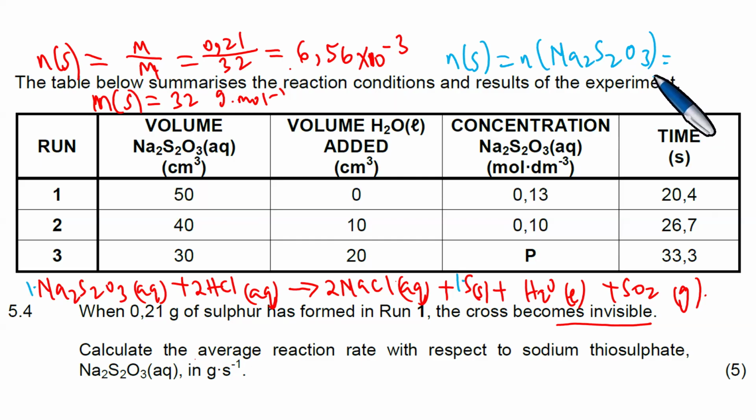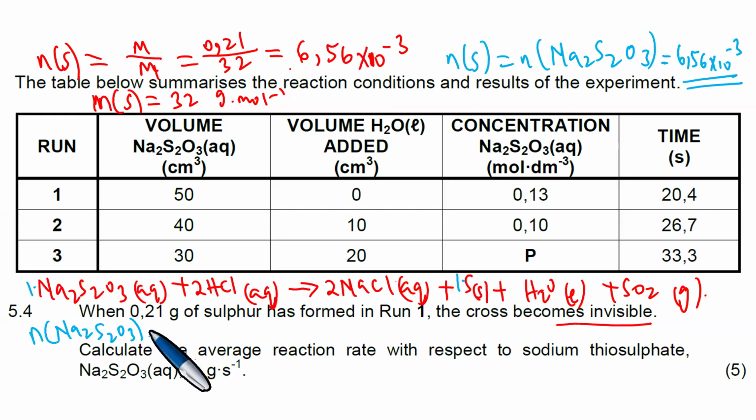So it is exactly this one, 6.56 times 10 to the minus 3. The number of moles of Na2S2O3 is given by mass over molar mass. So the number of moles of sodium thiosulfate is 6.56 times 10 to the minus 3. What is the molar mass? 158.